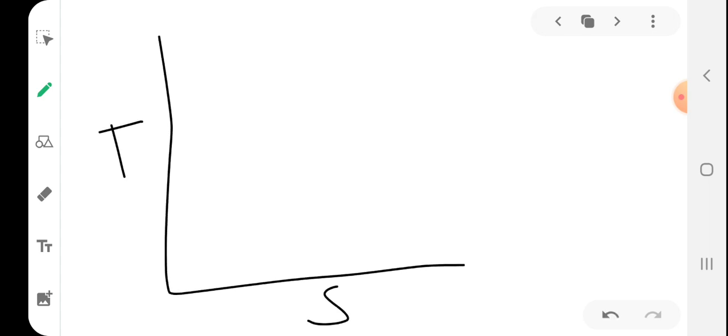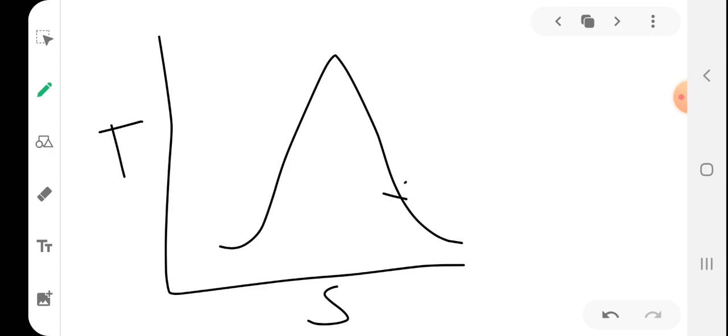As an outline, suppose this is the T-S diagram. Suppose this is the state of the vapor refrigerant at the inlet of the compressor. Suppose this is the evaporator pressure and this is the condenser pressure.